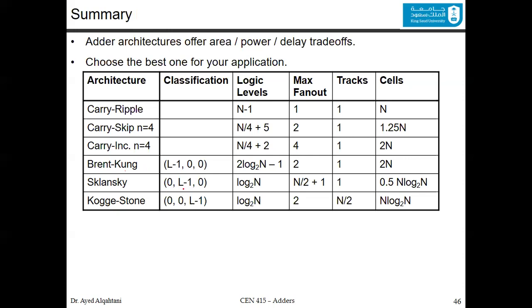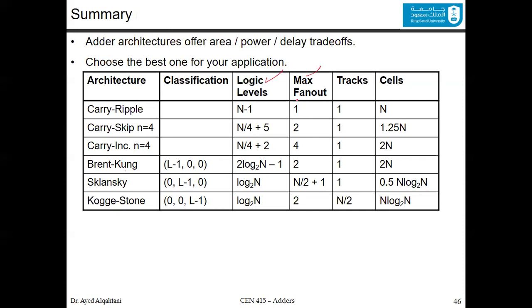This is based on these classifications. In the logic levels, for the carry ripple, it's n-1. Carry skip is n divided by 4 plus 5 if n is equal to 4. The carry increment is n divided by 4 plus 2. In Brent Kung, it's 2 log2 n - 1. In Sklansky, it's log2 n, and in the Kogge Stone it's the same. This is for the logic levels.